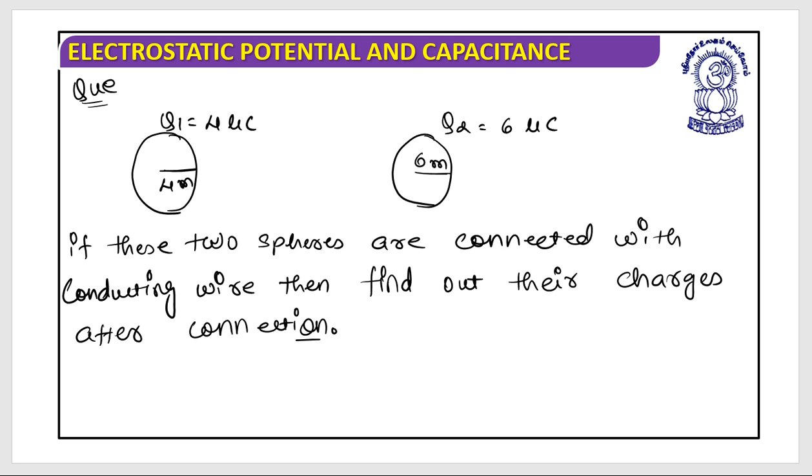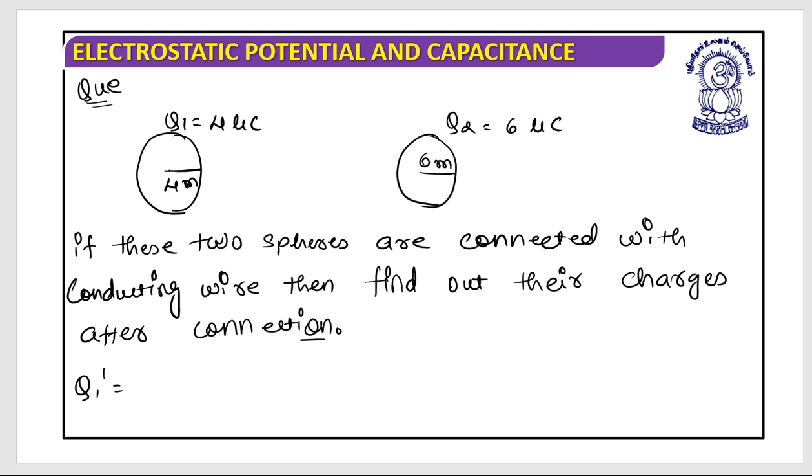So what would be the situation? What I know is that Q1 dash is equal to Q total, 4 plus 6, 10, multiplied by 4 divided by 4 plus 6, 10.